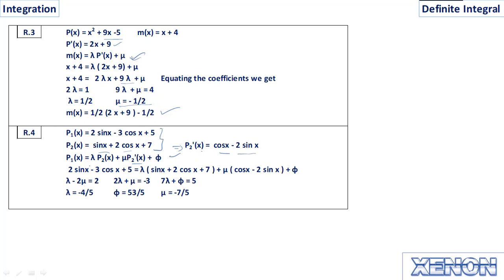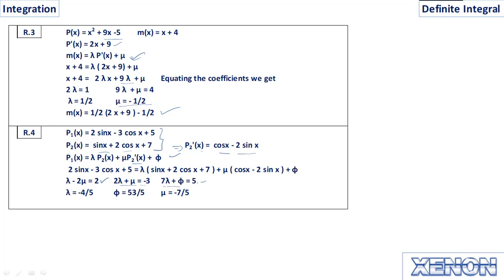So when we express p1(x) equals lambda p2(x) plus mu p2 dash x plus phi, we get 2 sin x minus 3 cos x plus 5 equals lambda times (sin x plus 2 cos x plus 7) plus mu times (cos x minus 2 sin x) plus phi. Here we equate the coefficients of sin x, cos x and the constants on both sides of the equation. So we get lambda minus 2 mu equals 2, 2 lambda plus mu equals minus 3, and 7 lambda plus phi equals 5.